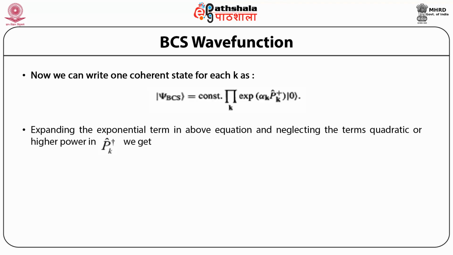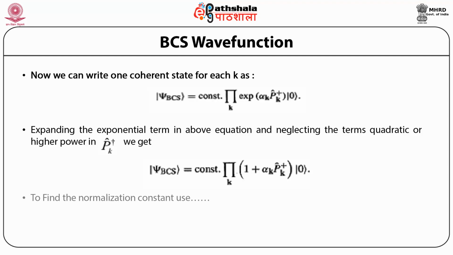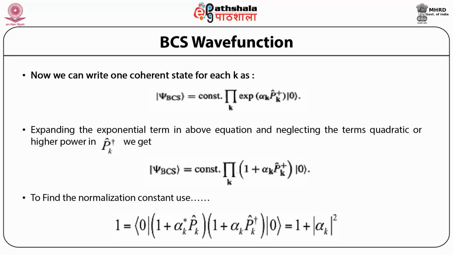Expanding the exponential term in the above equation and neglecting the terms quadratic or higher power in pk dagger, we get the following result: the BCS wave function is equal to a constant multiplied by the product over k of (1 plus alpha k pk dagger) multiplied by the vacuum state. To find the normalization constant, one can use the following expression: 1 plus mod of alpha k squared.